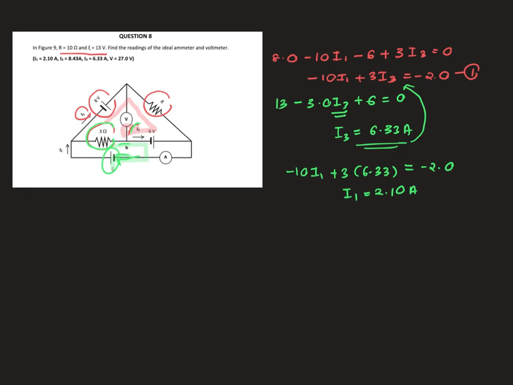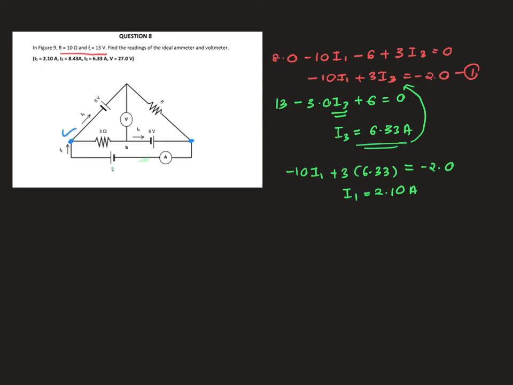For me to find the I2, definitely I need to use the Kirchhoff current law. So I'm going to choose one junction for me to find the I2. For example, if I use this junction, or you can use this one, it's up to you, but I want to use this one.